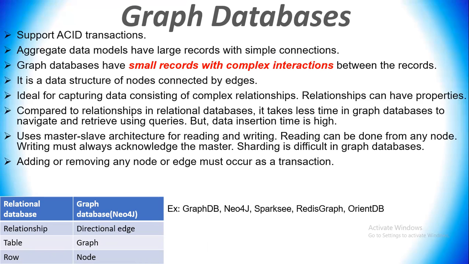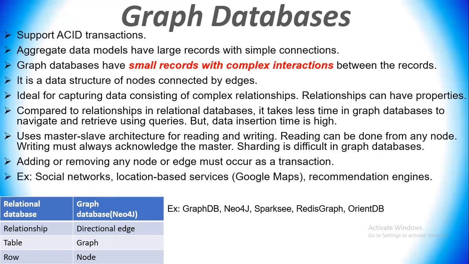It is not limited like a row or node in a graph database. It is not limited to a single node. A transaction can involve multiple nodes, multiple relationships, and properties of a relationship or properties of a node. The limit is only the graph, right?